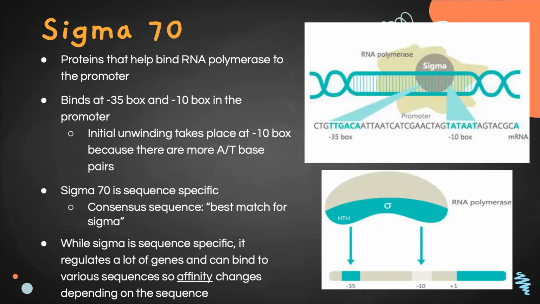So it doesn't have to be exactly these two sequences every time, as long as it's close enough. It can still help RNA polymerase bind to the DNA strand. Does that make sense? So even though it's a general transcription factor, that means it can bind everywhere, but it does have a preferable sequence that it will bind to with the highest affinity. Does that make sense?